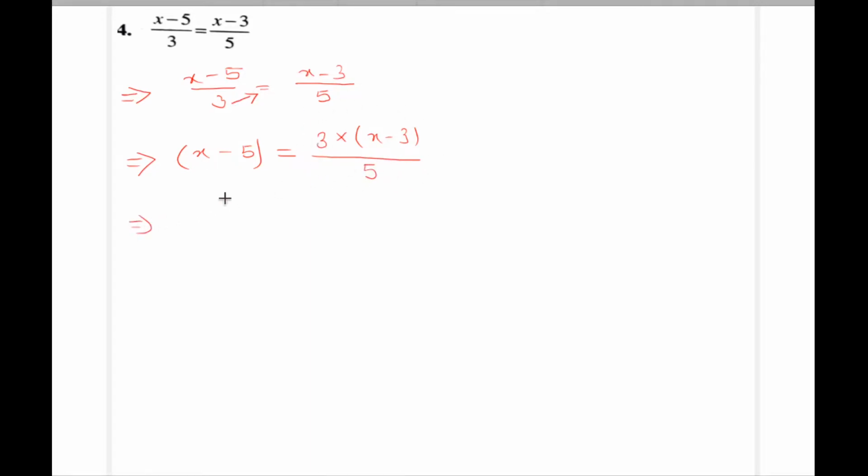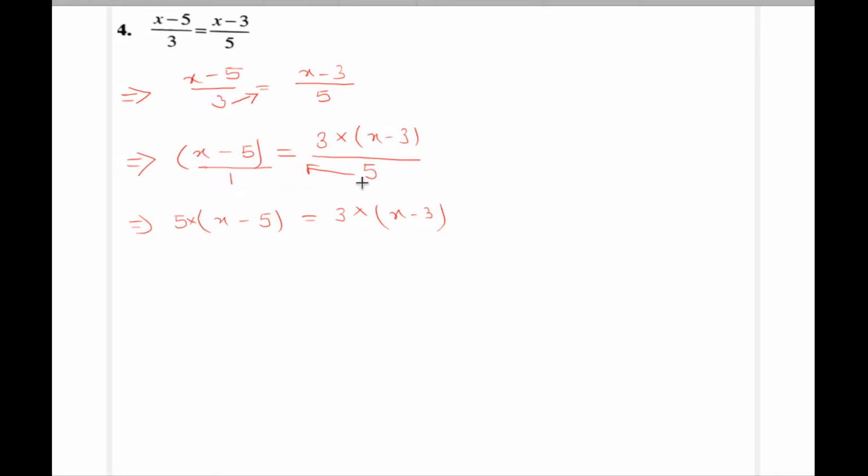Now same with this 5, as it is in the denominator and we are taking it to the other side, so it will come to the numerator. So equals 3 multiplied by x minus 3. So you may think, ma'am, how can you say it is numerator? Yes, obviously it is numerator because it can be written as x minus 5 by 1.